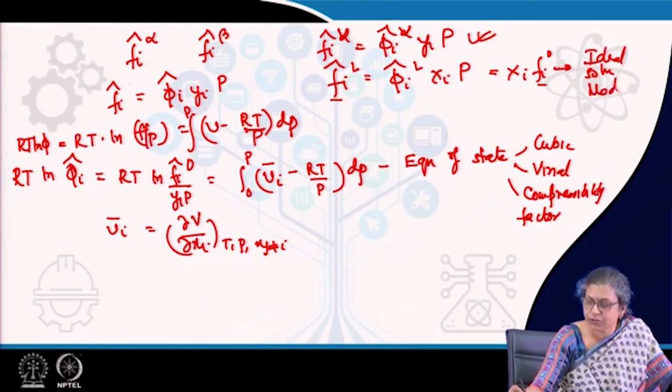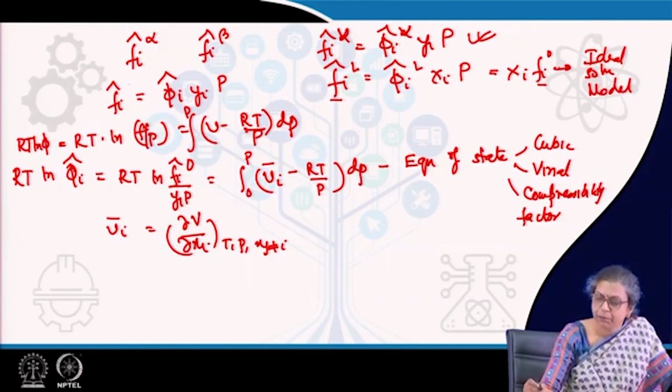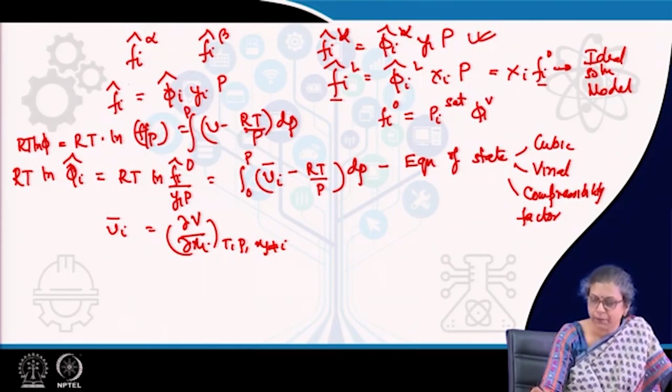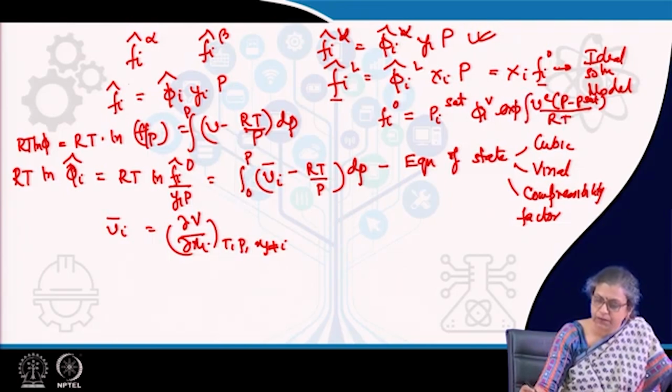Now, this model is known as the ideal solution model. Usually to find out f_i L, we use this ideal solution model, where the pure component fugacity of i in the liquid state, if you would recall, was equal to the saturated pressure times the fugacity coefficient of the vapor in equilibrium with the liquid times a Poynting correction factor, which arises because the pressure is far removed from the saturation pressure.